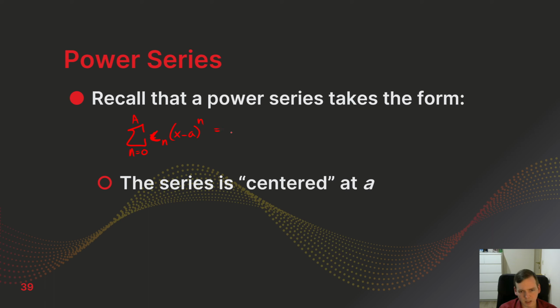And this will give us c0 (x minus a)^0, plus c1 (x minus a)^1, plus c2 (x minus a)^2, etc. And that's where we get the Taylor series and Maclaurin series. It's just how do we get these specific constants.